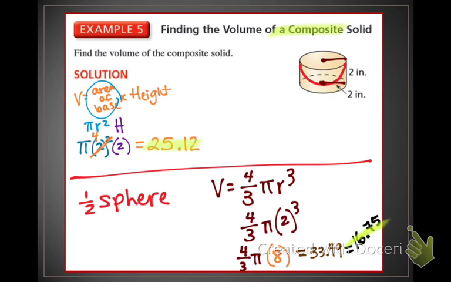So we're going to take those two numbers, the outer cylinder, which is 25.12, and we're going to subtract 16.75. So our final answer, the whole volume, is 8.37 inches cubed.